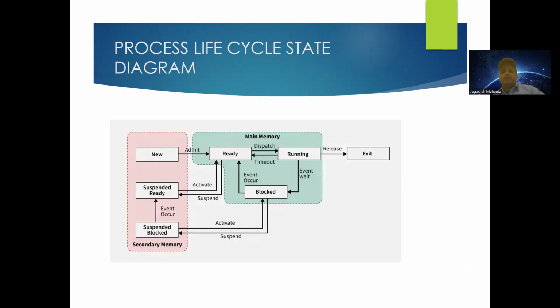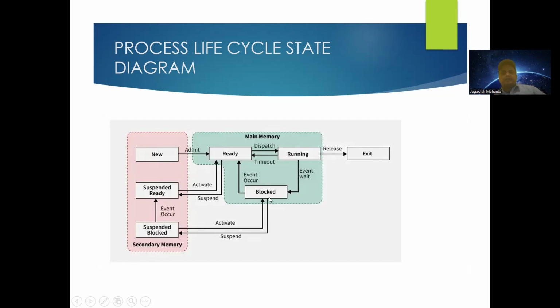The CPU does not wait for that particular process. The CPU sends that process to the block state. So the block state rule is, if any process wants an input output operation or a system call, then the CPU sends that process to the block state.